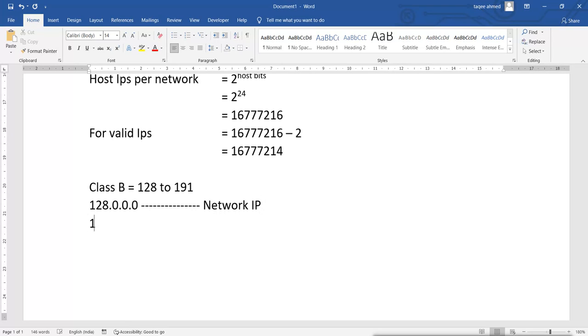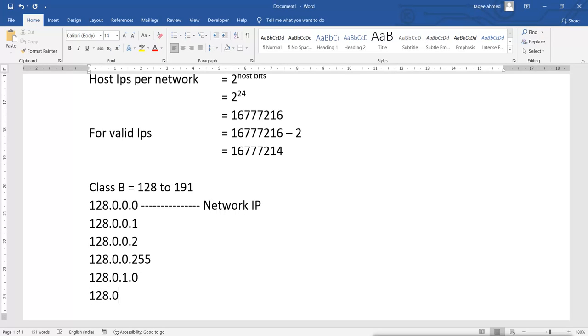So the valid IP which starts in class B is this one. And how will it go on? Same as class A: the next IP will be 2, then 3, then 4, then 5, then it will reach up to 255. Then this 0 will change to 1, and this will again become 0.